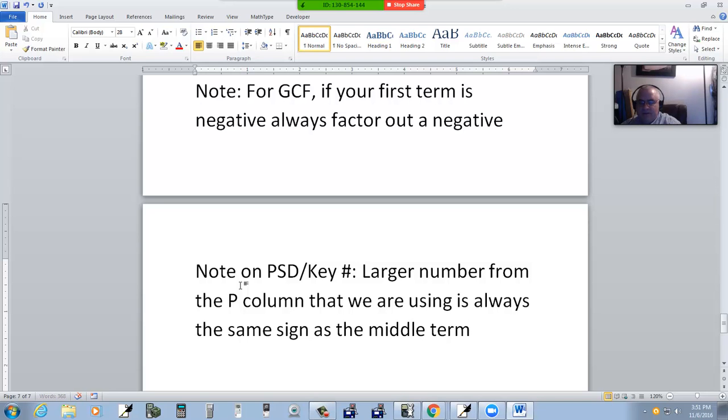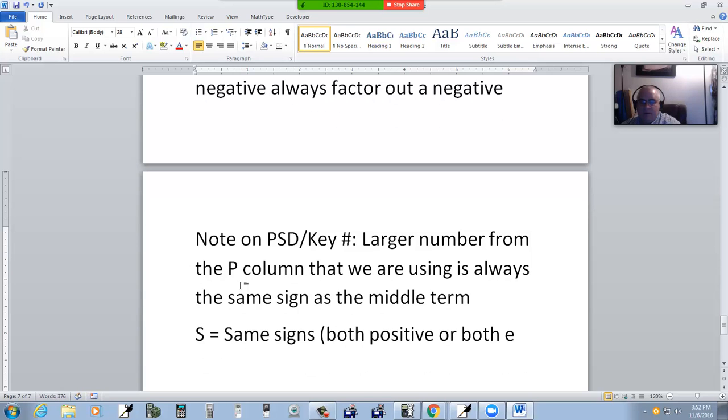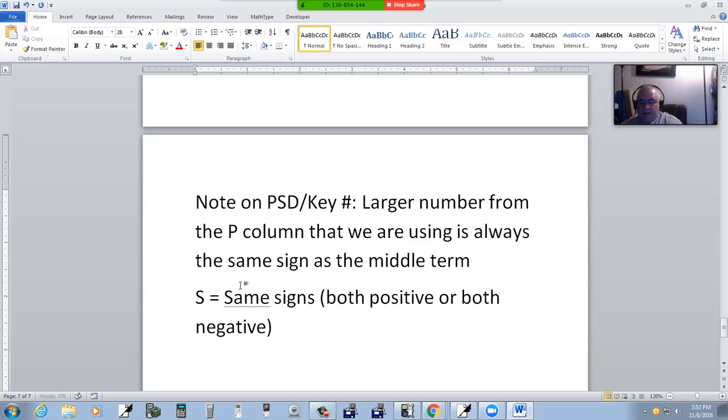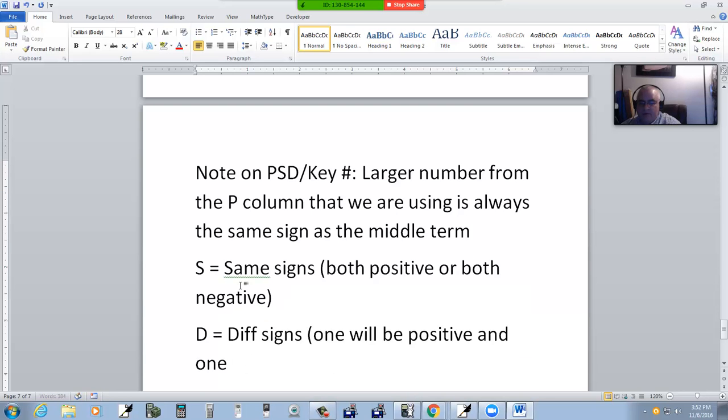Then we also have something that helps us. If it's in the S column, it's S for same signs, both positive or both negative. If it's in the D column, D for different signs. Means one will be positive and one will be negative.